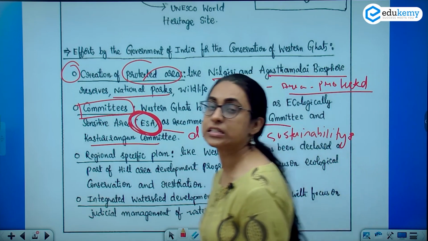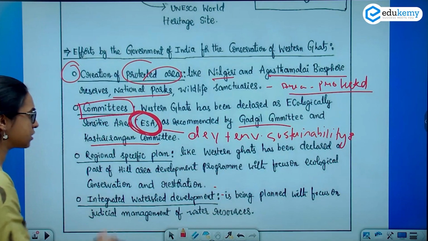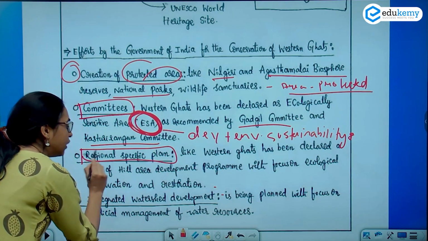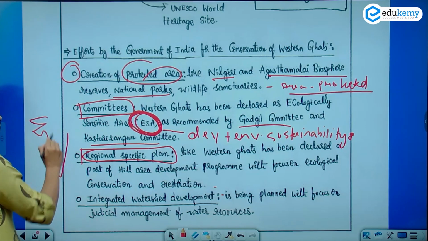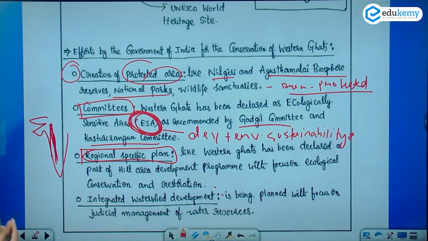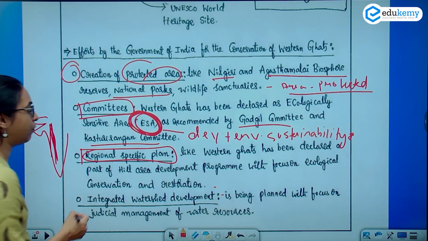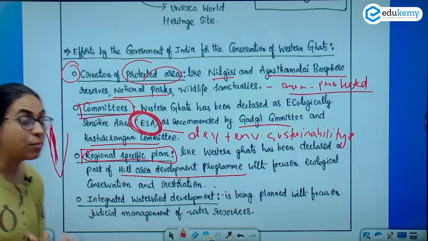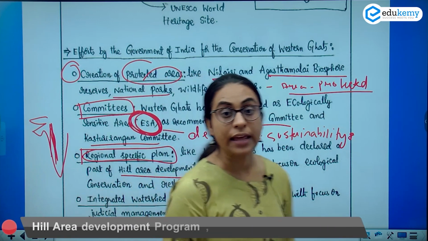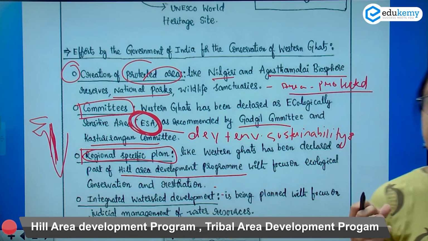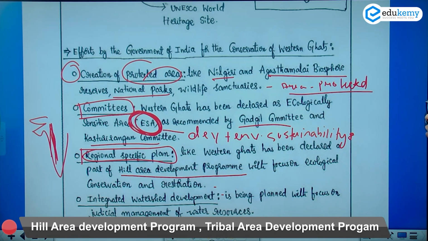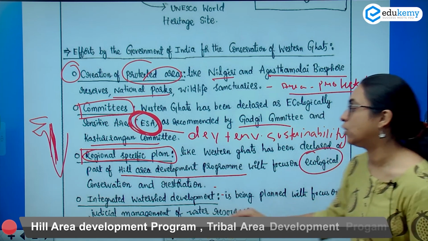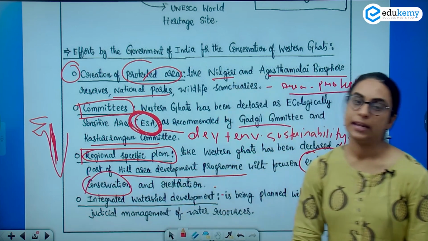Then even in the Western Ghats, there are many regions, so they have not dealt with the entire Western Ghats as one entirety. There are region specific plans, like the Hill Area Development Program and the Tribal Area Development Program. These region specific programs help in focusing on ecological conservation and integration.